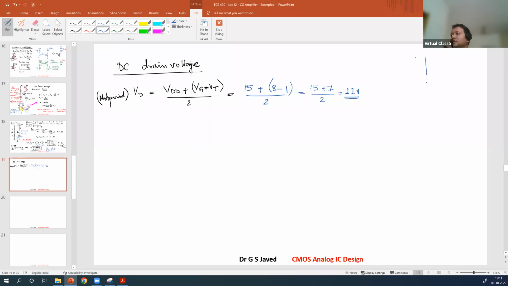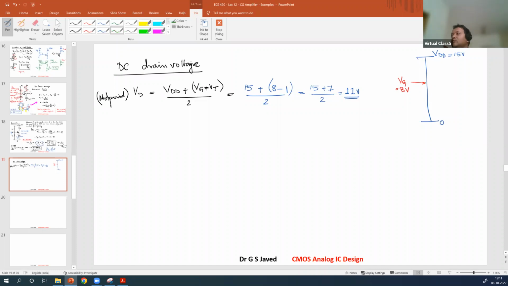So if you remember, I have shown how I draw this VDD supply. So this is your ground. This is VDD equal to 15. We found VG is nearly half. This is half, 7.5, slightly above is where we got VG. VG is equal to 8 volt. Now we got the drain voltage, VD.